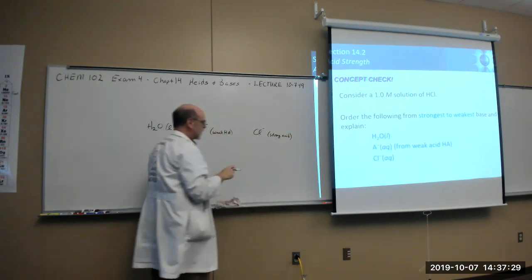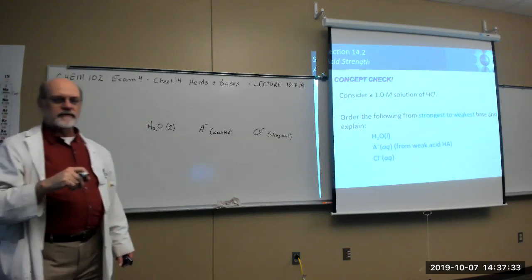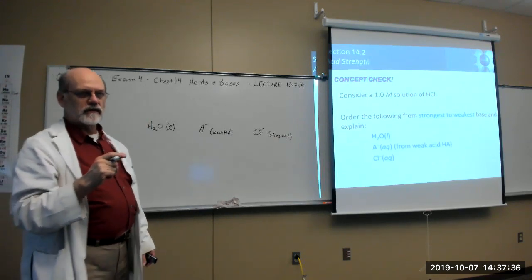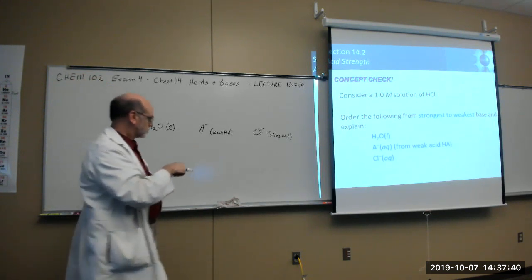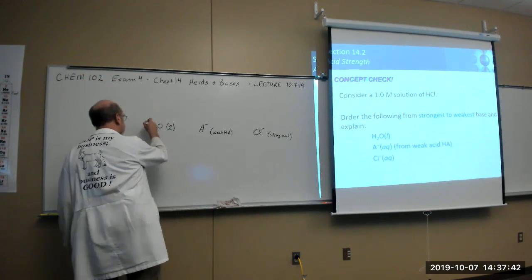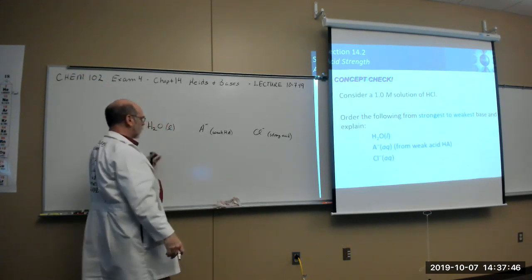So remember what we said. If the acid is strong, the base is weak. And if the acid is weak, the base is strong. So actually, we can nail down the ends and then water goes in the middle.